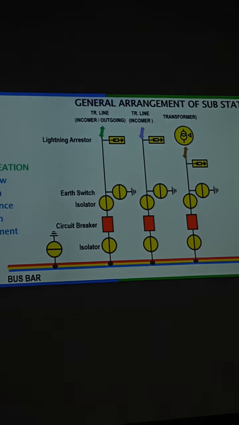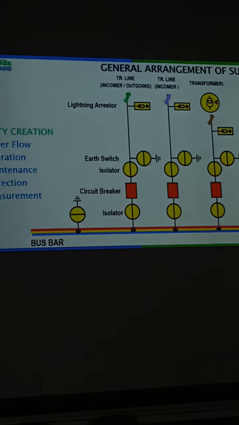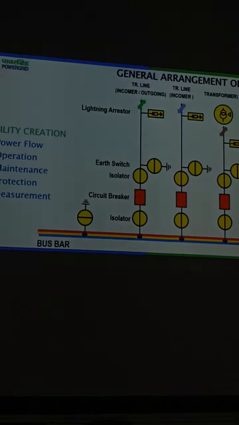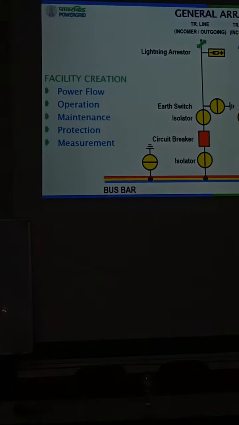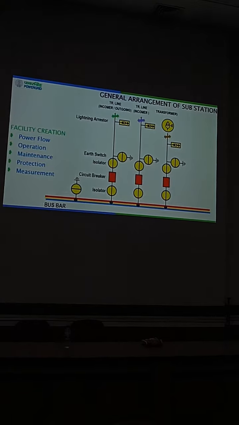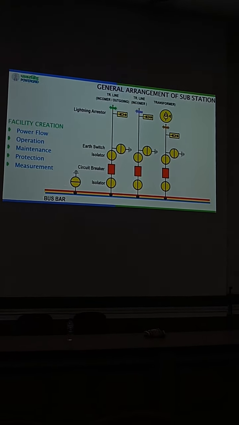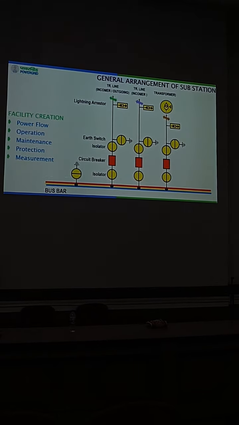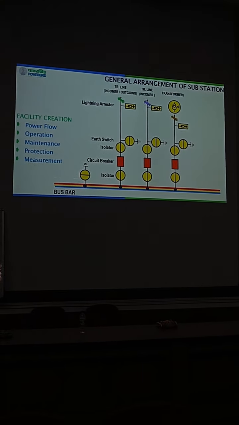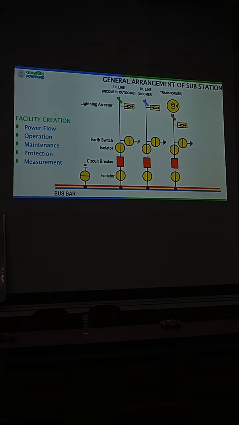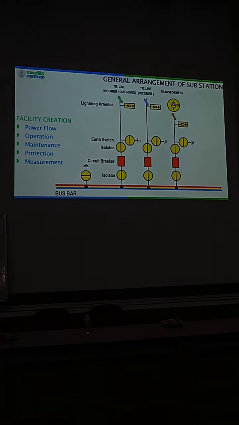At the boundary wall, not inside the construction. So on every transmission line entering a substation, the first equipment will be the lightning arrester, so that any traveling waves coming to the substation first encounter the lightning arrester and get drained. This is the way your asset is protected.